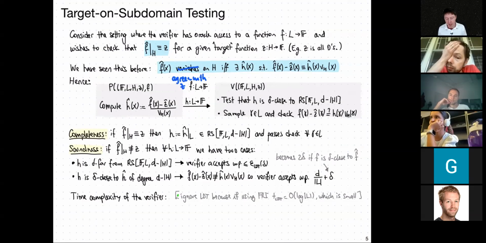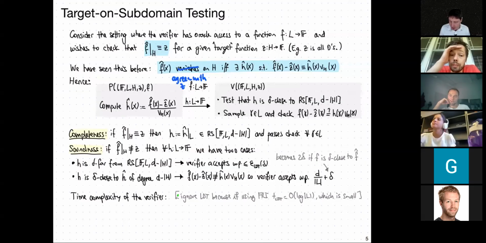If you remember, FRI is a low degree test where the verifier not only makes a logarithmic number of queries, but also, in terms of running time, makes a logarithmic amount of field operations, okay? Of course, this assumes that the domain L is smooth, of size 2 to the something.